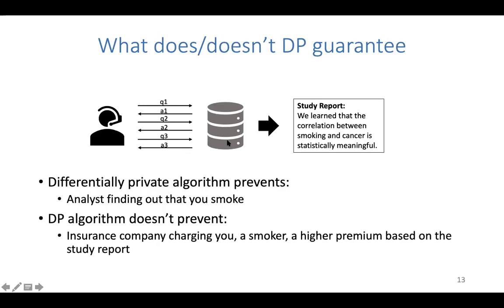Whether you provide your health data into the database or not, the same conclusion would have been drawn anyway, and the insurance company could still apply this rule to charge a higher premium to you, a smoker. That is something that cannot be avoided by differential privacy, because it's global knowledge. The only thing that can be avoided is local knowledge, which is finding out you smoke.